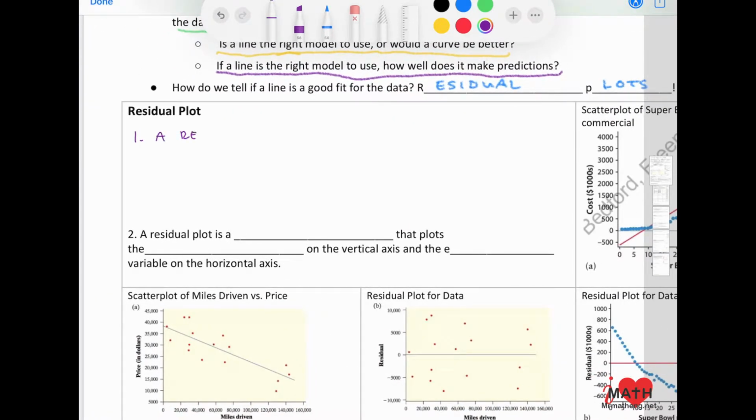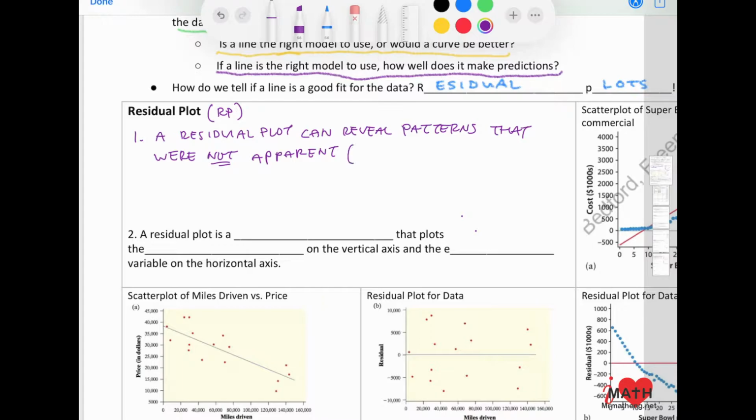A residual plot, we call that RP, can reveal patterns that were not apparent or not obvious in the original scatter plot.